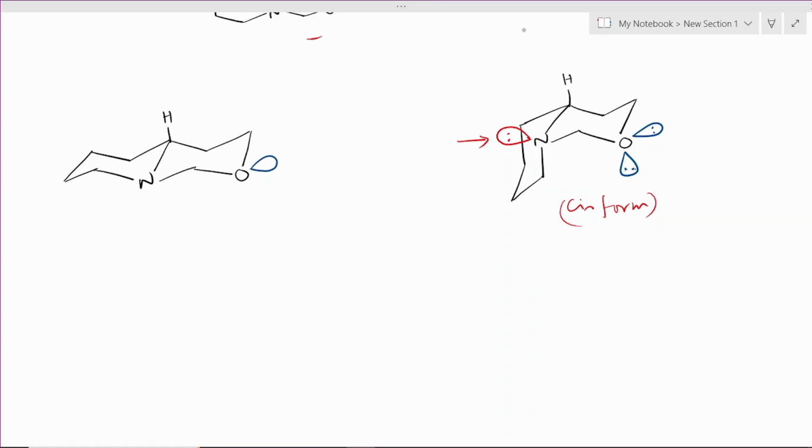So this is the equatorial lone pair and this is the axial lone pair, and here this is the axial lone pair of nitrogen.